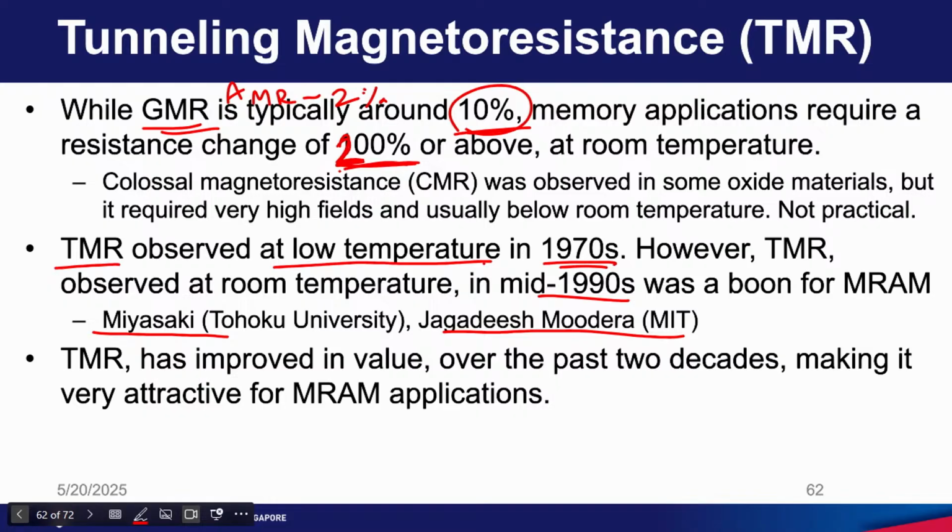In their discovery the TMR was around 16%. Since then people have improved this TMR to over 1000% in the lab and around 200% in the factory.